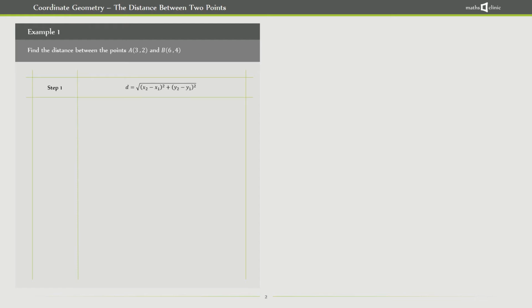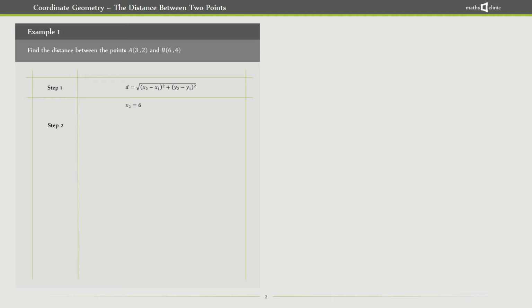Then the next thing we want to do is identify our parameters. In this case a will be the ones, so x1 would be 3, y1 would be 2, and then x2 would be 6 for b, and y2 would be 4.